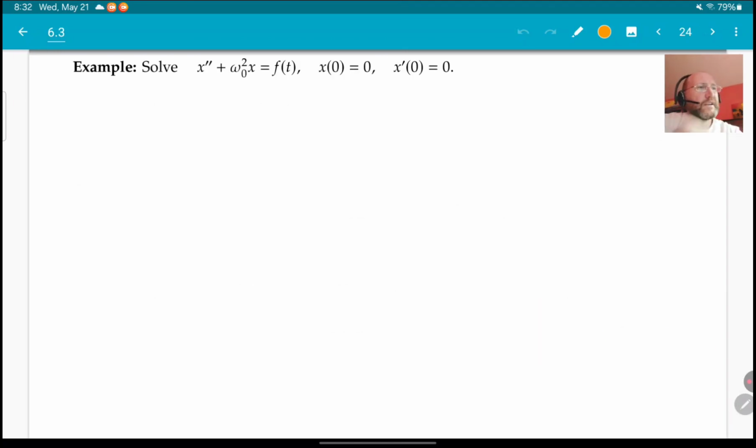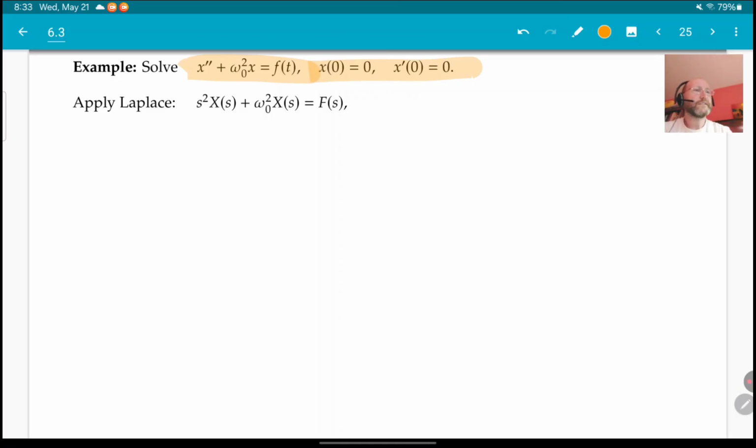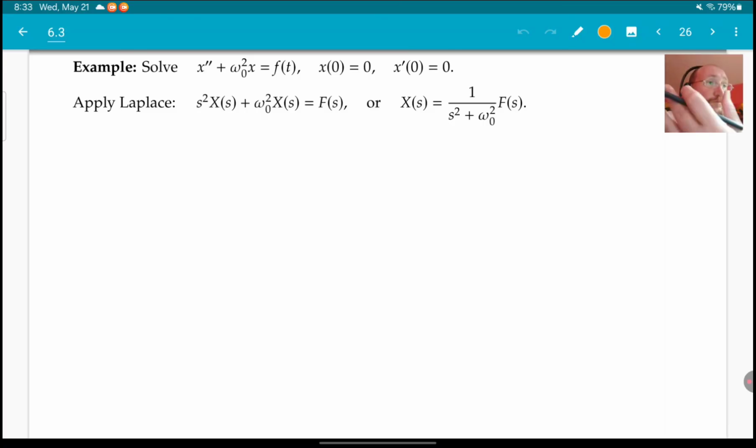Okay. Now let's see how it relates to differential equations. Let's take just zero initial conditions. So we have this differential equation. If we apply Laplace to everything, we get this algebraic equation. We were doing this before.